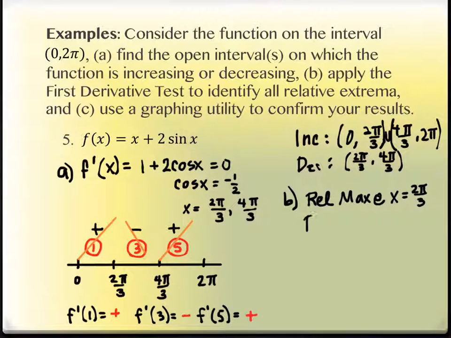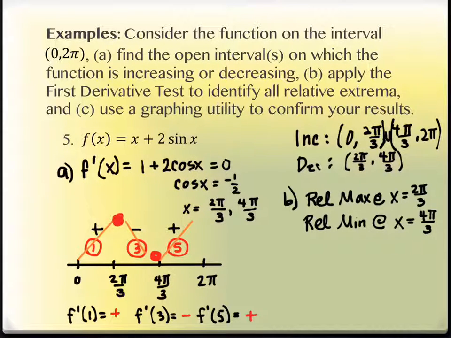And what happens at 4 pi over 3? There's a min, right? At x equals 4 pi over 3. Can you guys see that from the picture? Here's my max. Here's my min.